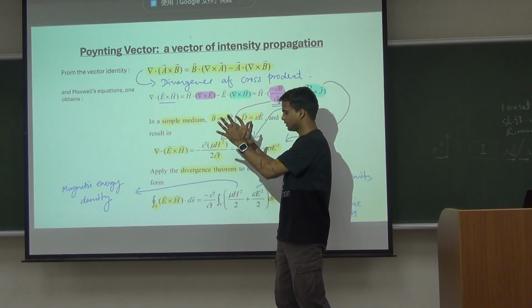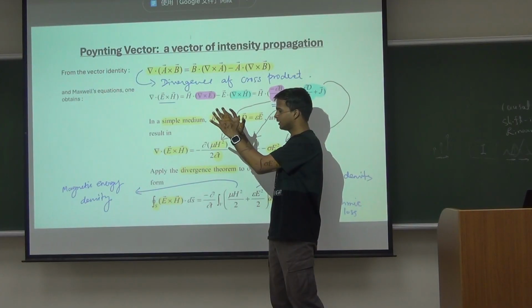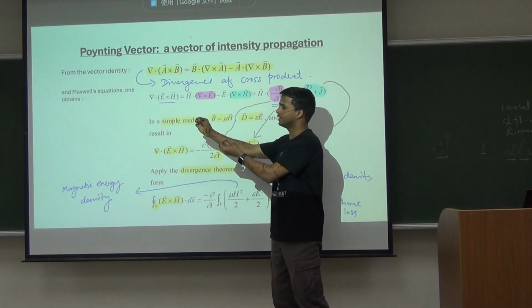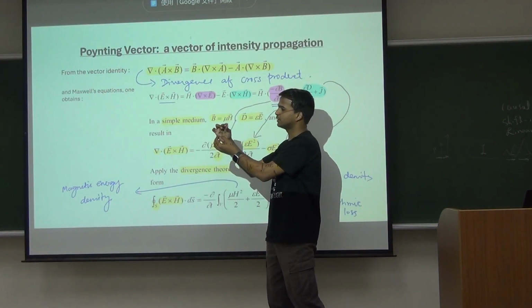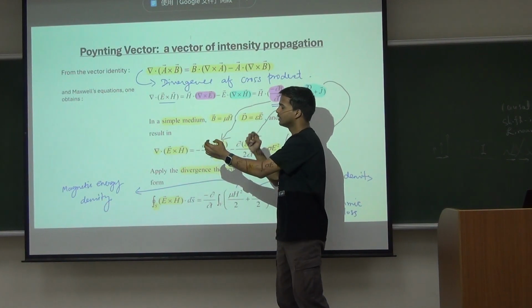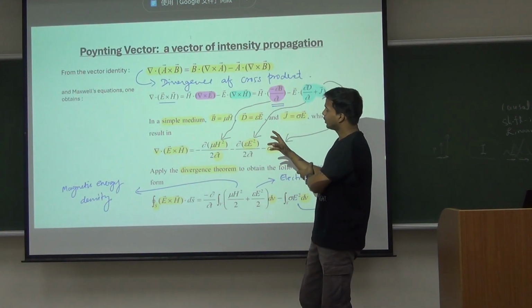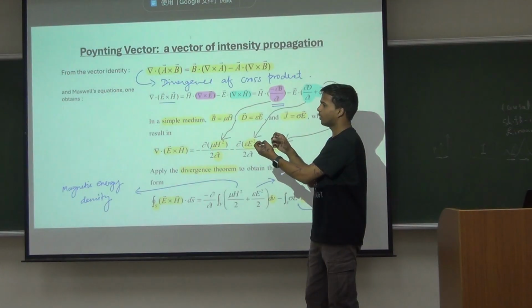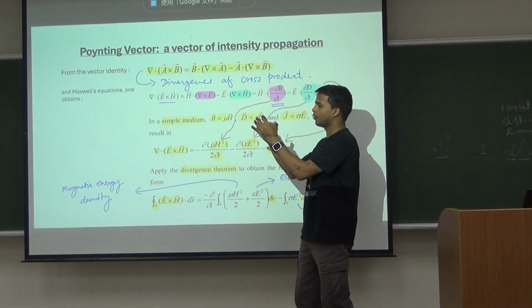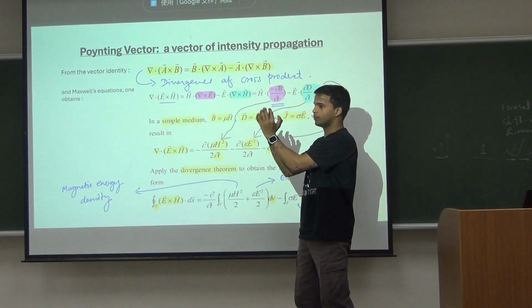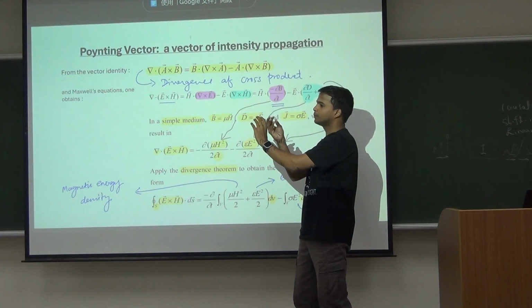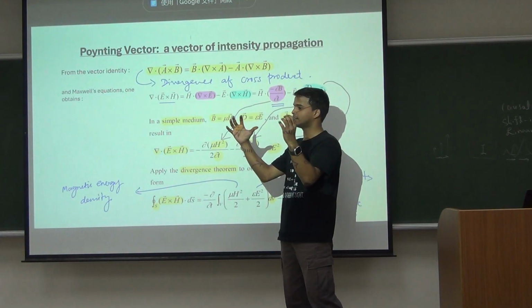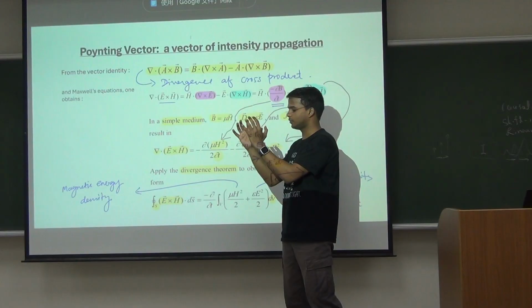there's a volume, let's say a spherical sphere, and the EM wave is passing through that sphere. The Poynting vector actually tells you about the flow of power from that volume. So how much power is getting out of that sphere?